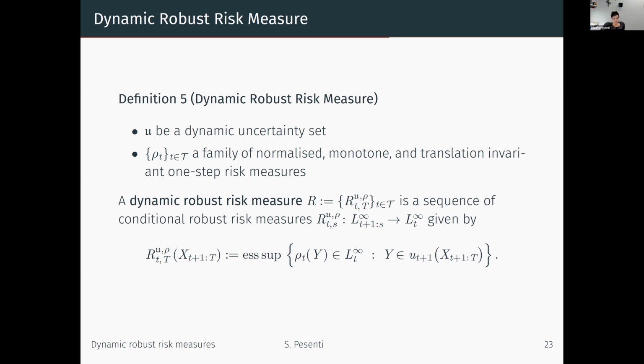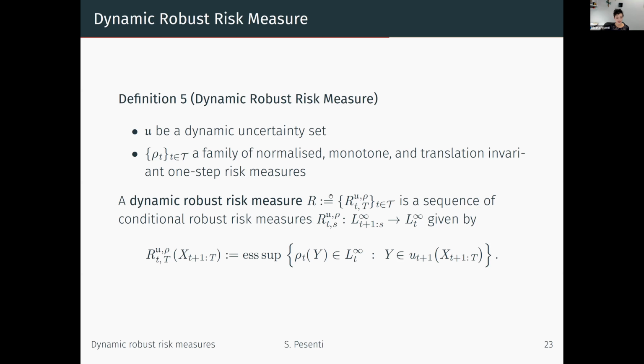I'm going to use R for the robust version of it. So this is a conditional risk measure. It takes in the stochastic process from T+1 to capital T, and I take the worst case of my one-step risk measure, where I evaluate all possible random variables in my uncertainty set and take the worst case of it.